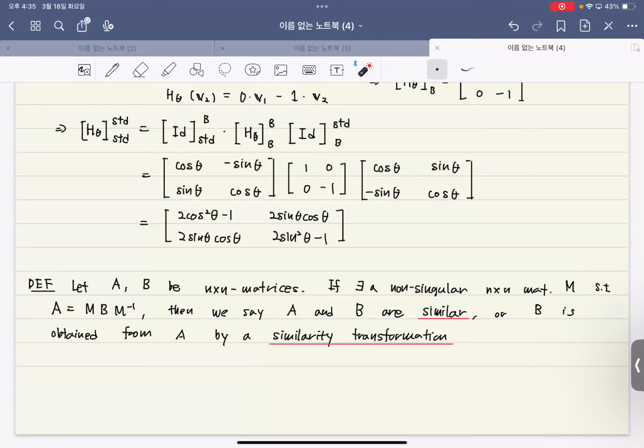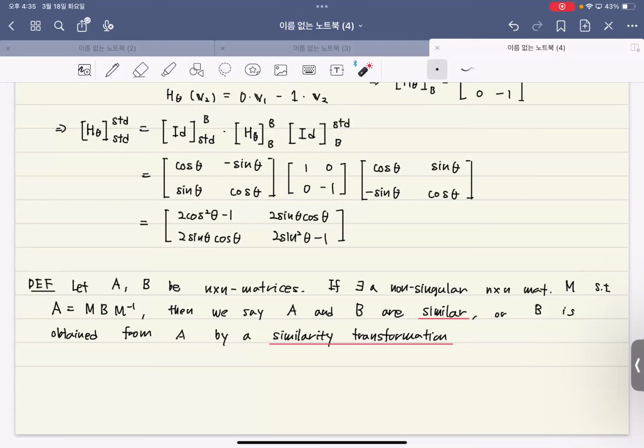Now, by now, I am safe to say that if you have two similar matrices, then those two matrices are representing the same linear transformation with different choices of bases. Okay.